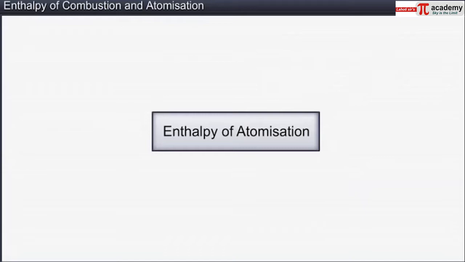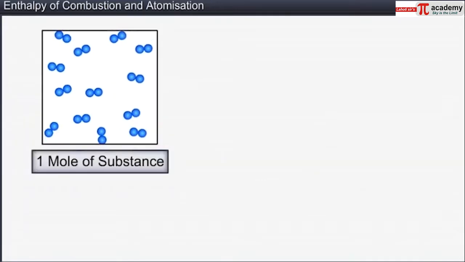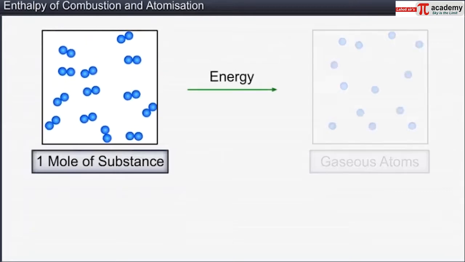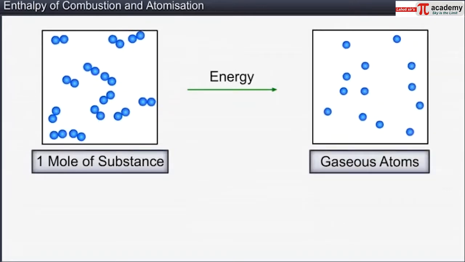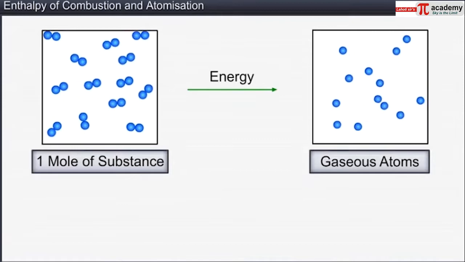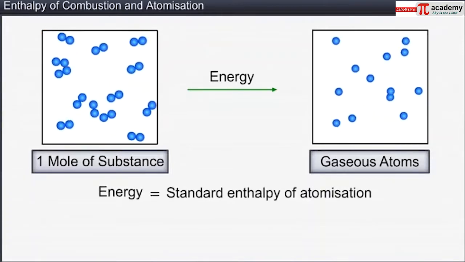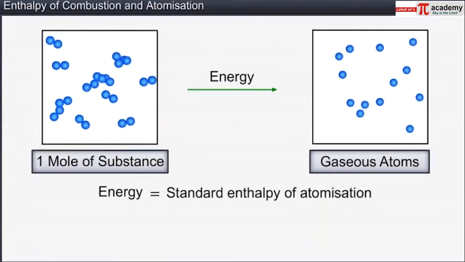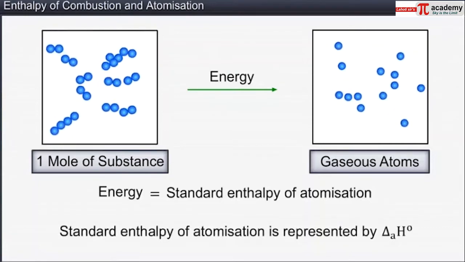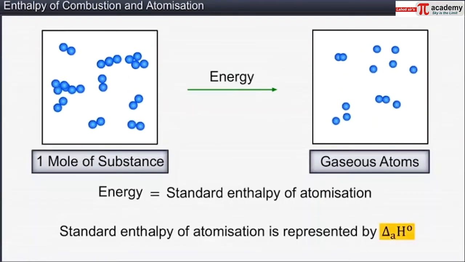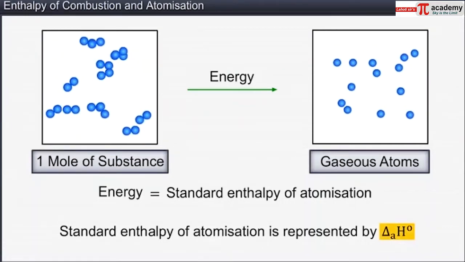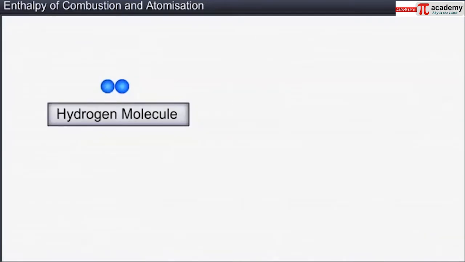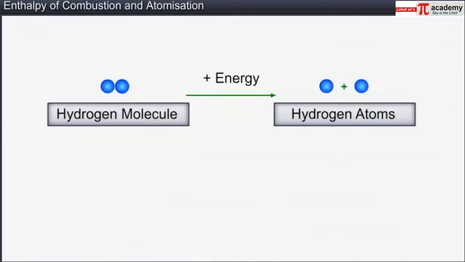Now let's look at enthalpy of atomization. When 1 mole of a given substance dissociates into gaseous atoms, the enthalpy change accompanying the process is called the standard enthalpy of atomization. It is represented by delta AH0. Let's consider the atomization of dihydrogen into hydrogen atoms.